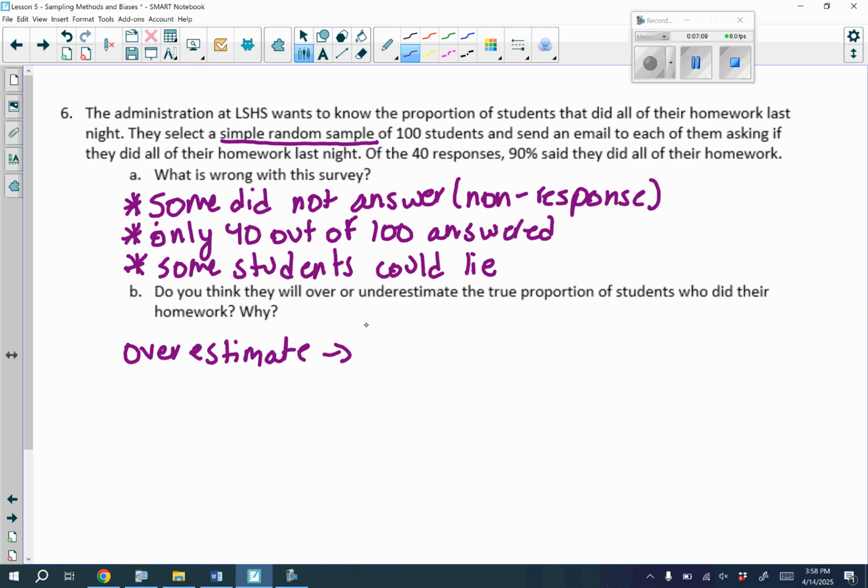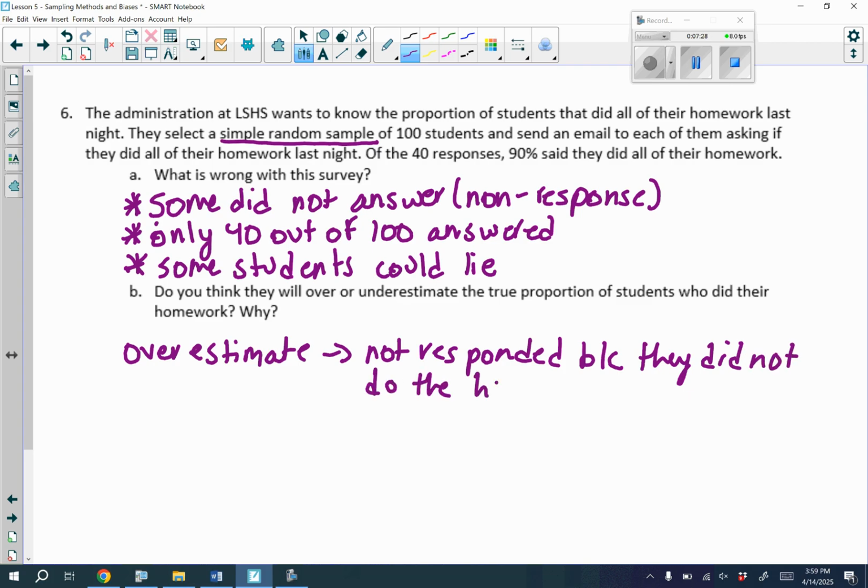They may have not responded because they didn't do their homework. Or another thing is they may have lied. So that's another thing.